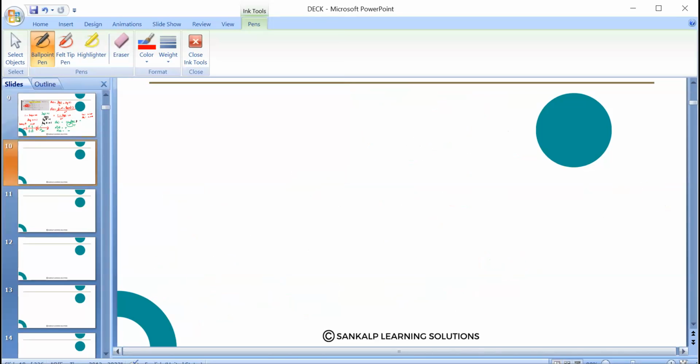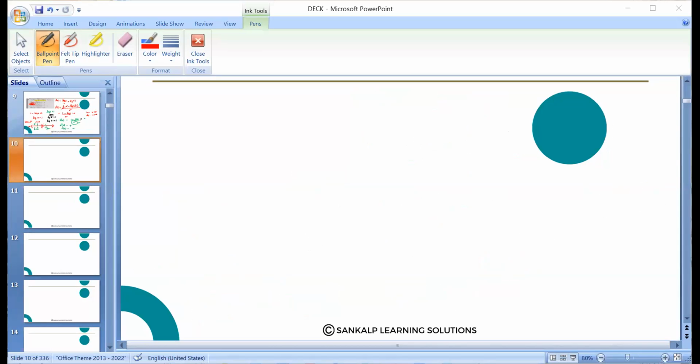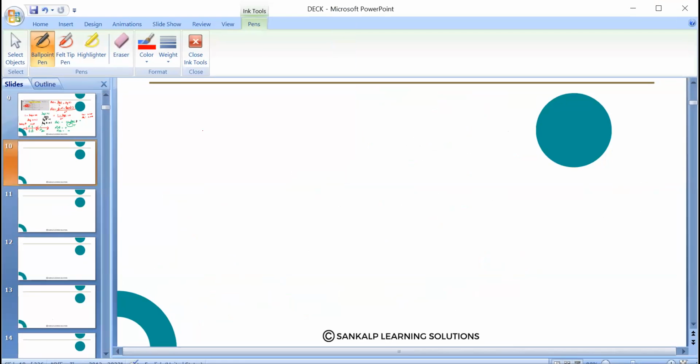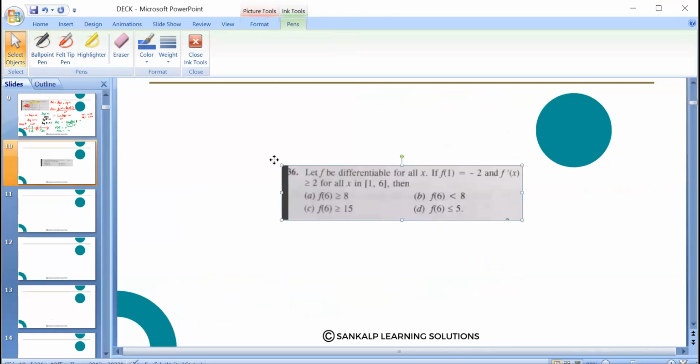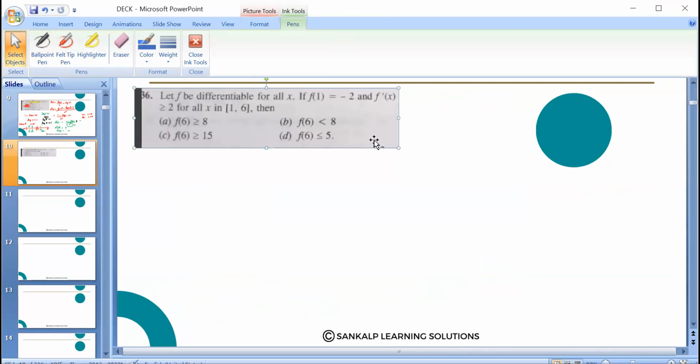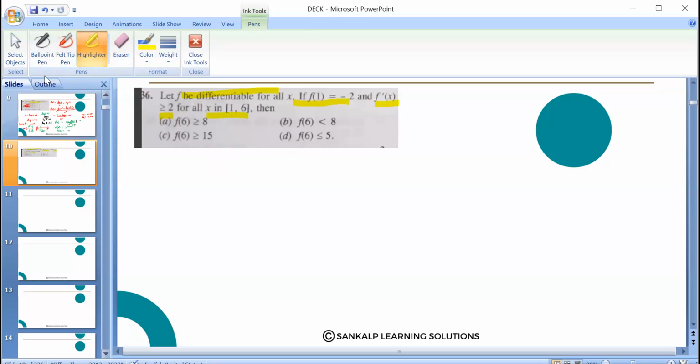Next, we will go to question number 36. f is differentiable. f of 1 is minus 2. f dash of x is greater than or equal to 2 for all x in the interval 1 to 6.